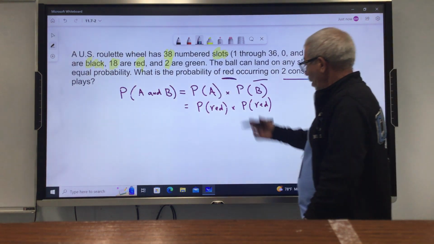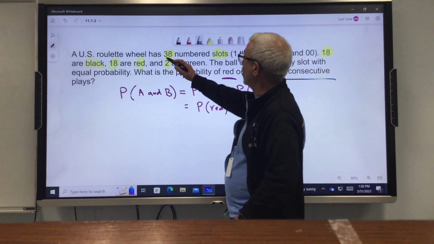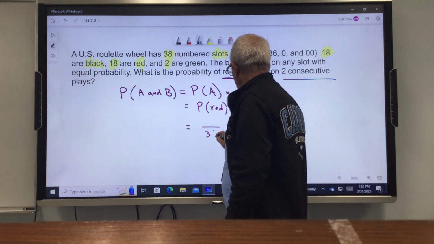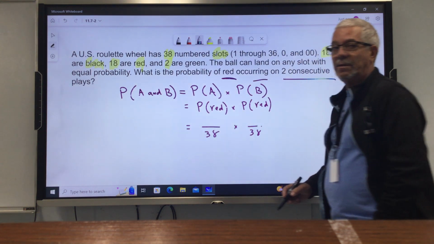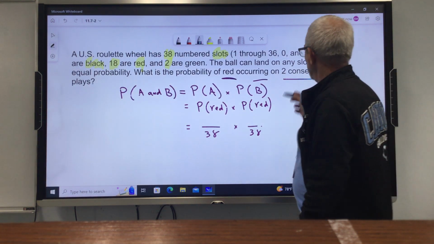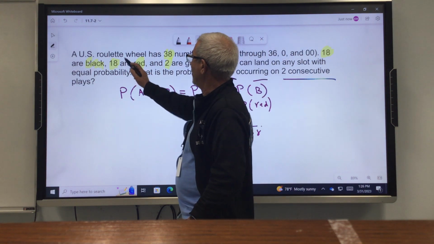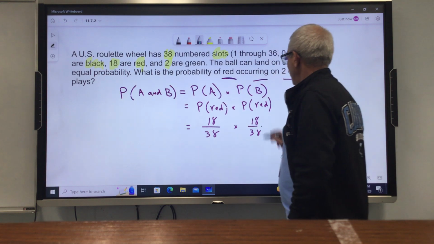How can I find the probability that it is red? How many slots do we have in total? We have 38, so my denominator in both will be 38. And my numerator is how many reds we have: 18, and 18 because it's red and red.